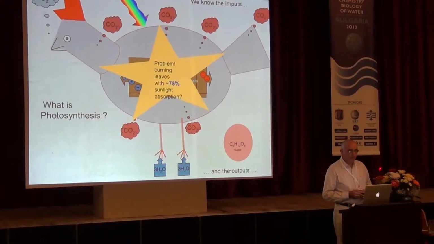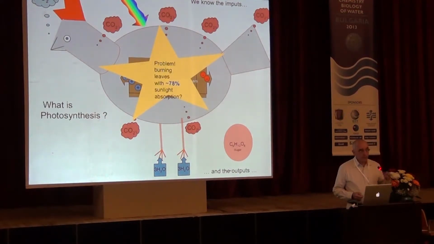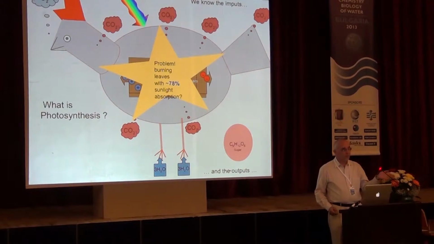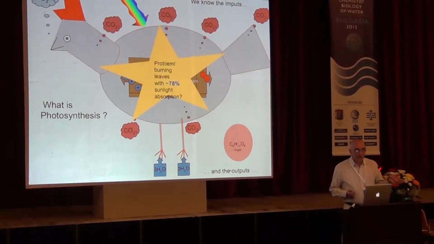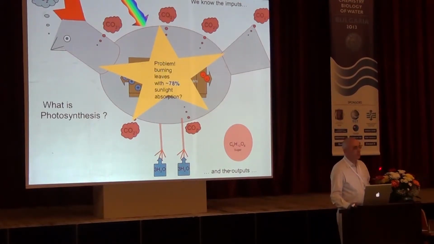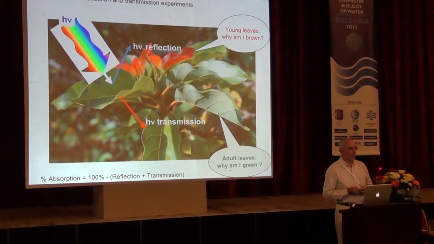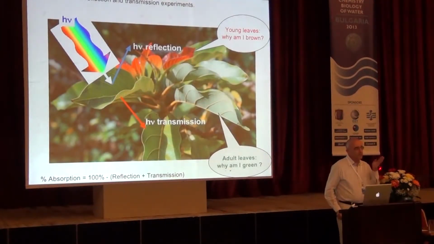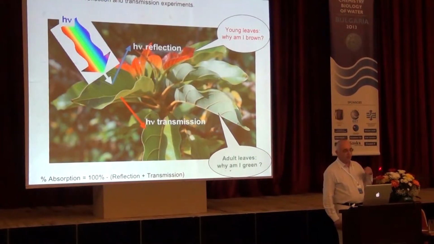And another problem is that according to the experimental results, plants absorb about 78% of the sunlight. This is too much, so we have to look for where the problem is, where we have an answer for this.